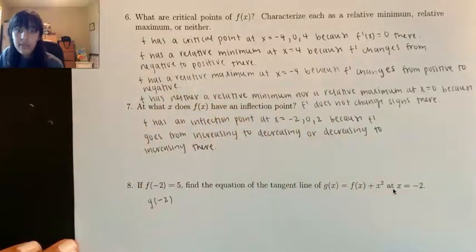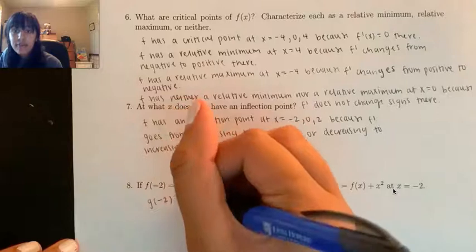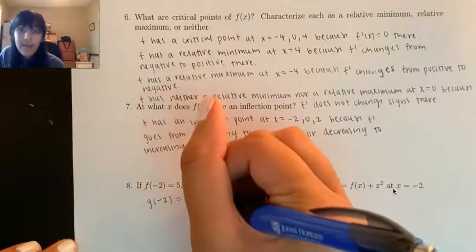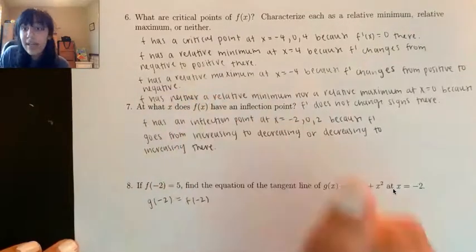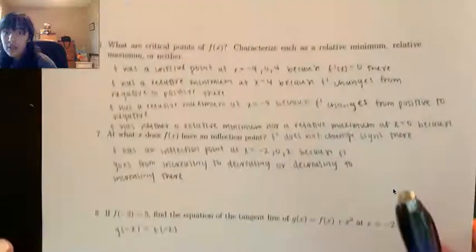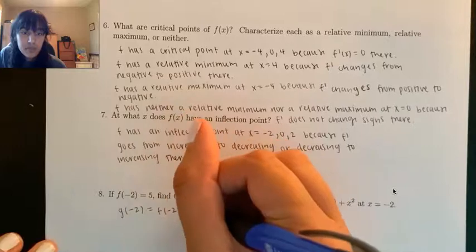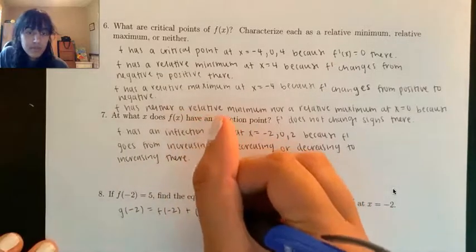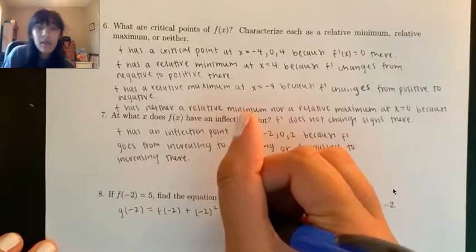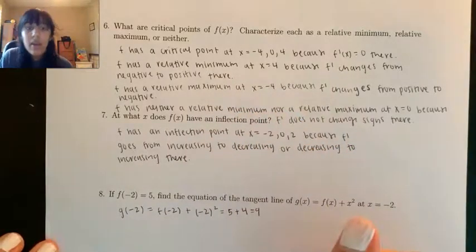So when we do that, g of -2 is going to equal f of -2 plus -2 to the second power. And there's the graph, even though we're not going to use the graph right now.